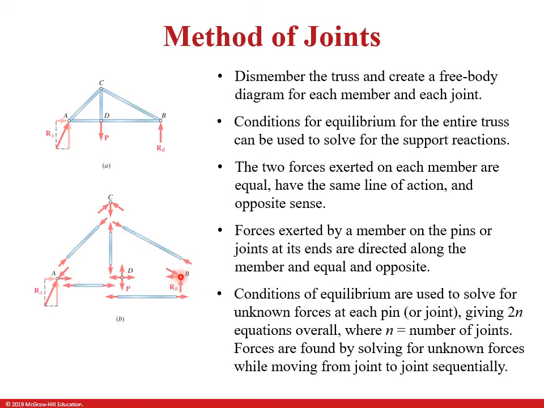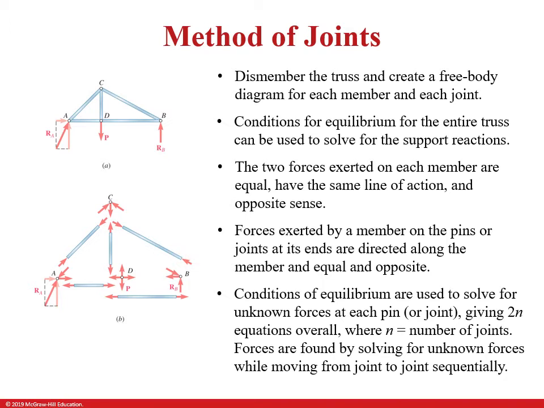So for example, if something is pulling at B, this member is under tension, right? The member itself is under tension, it's being pulled, it's also pulling on B. If something's pushing on B, right, that's this member being in compression, right? You're compressing this member, the member wants to push back on that point.